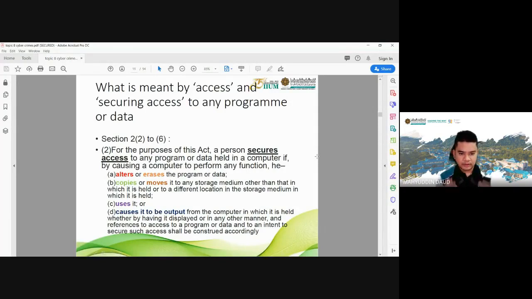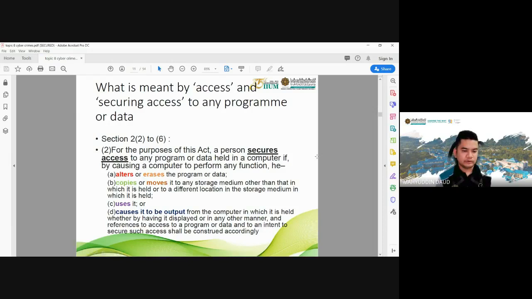So maybe he secured access, he altered the program, he changed the program. For example, you have booked a flight ticket to London.